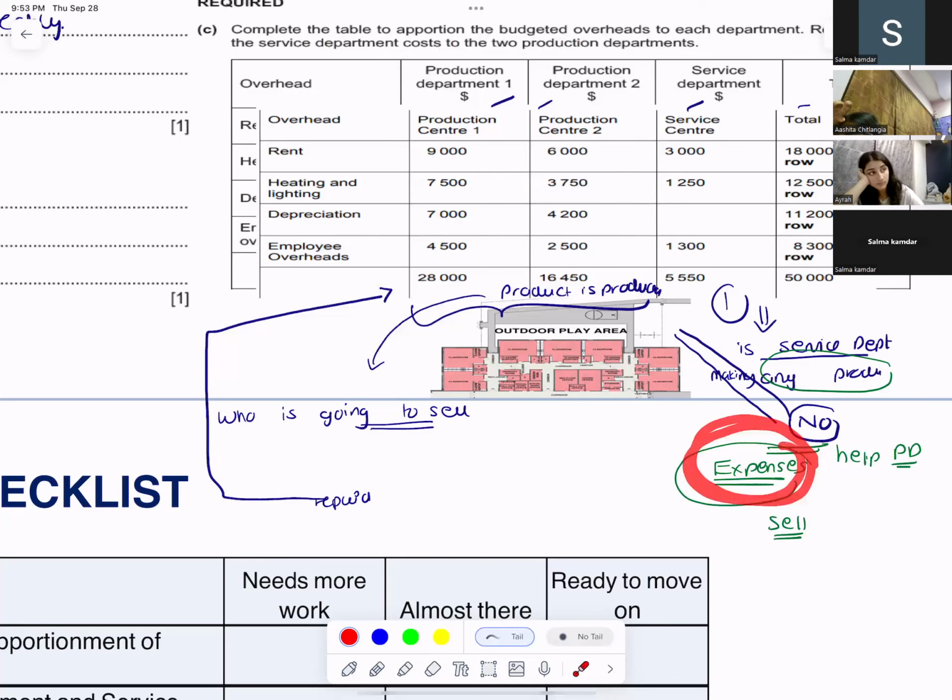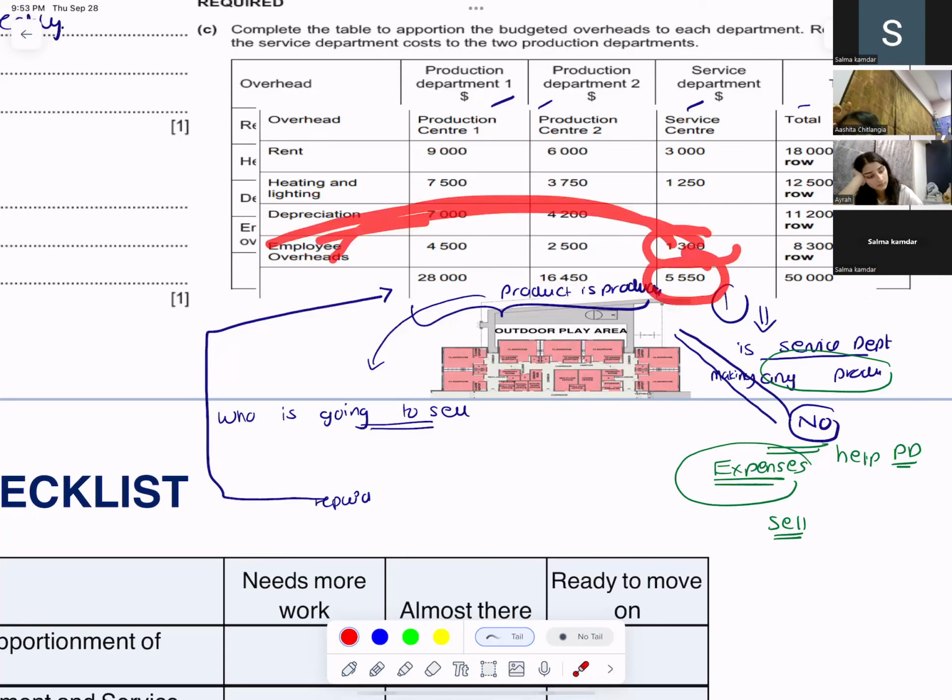If you see over here, this service department one is incurring an expense of rent, heating and lighting, and employees. So they have a total expense of 5500. But they don't have any product. So from where should I recover this 5500?